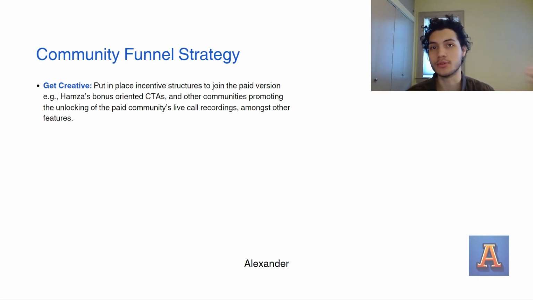So 1 like equals 1 point, and the more points you get, the more you level up in the community. So from level 2, 3, 4, and so forth. And what that can do is, within the community itself, you can have the community builder put in place incentive structures in which certain leveled members, so say for example, level 3 members, unlock a level 3 course.